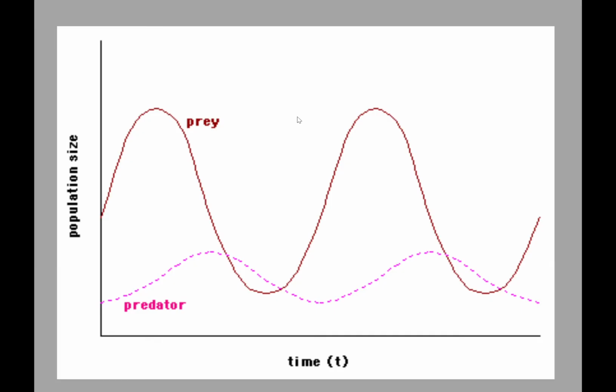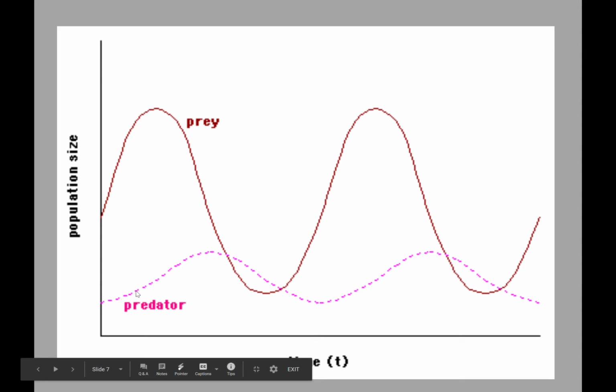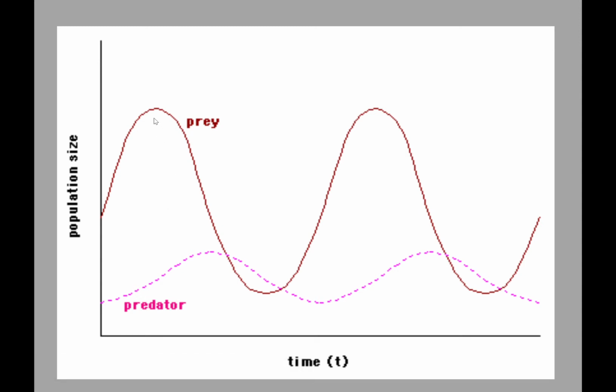Now what I want y'all to notice here is the relationship. When prey is at its highest, that's usually when predator is at its lowest. The reason why is because when there is not a lot of predators, it usually means the prey has nothing eating them, so they can thrive and repopulate and make more babies.